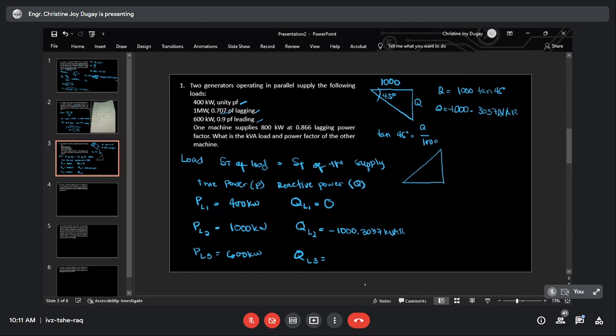So, if this is 600 kilowatt, and this is, ang alam ko sa 0.9, sorry, pag 0.9, ano ang inverse cosine ng 0.9? Something, 25.